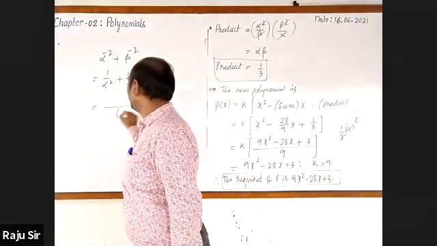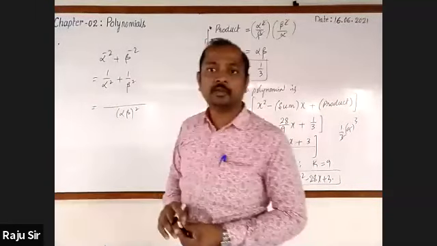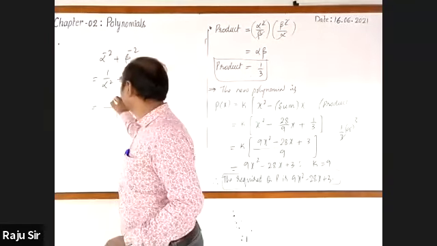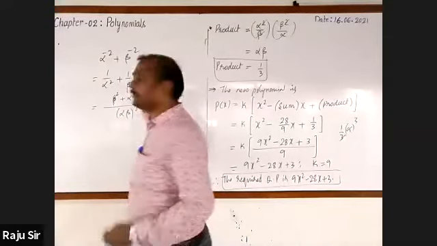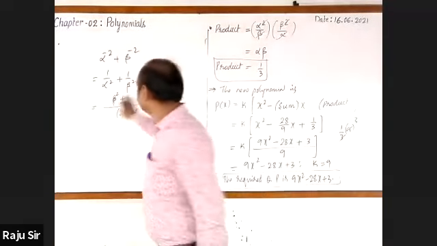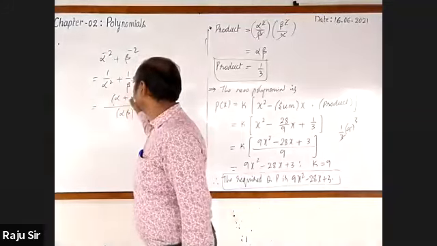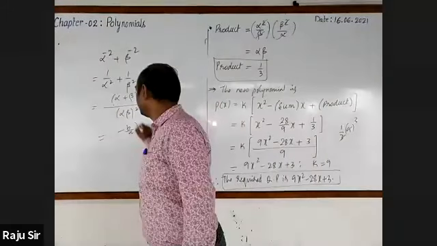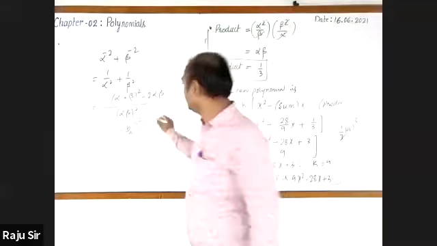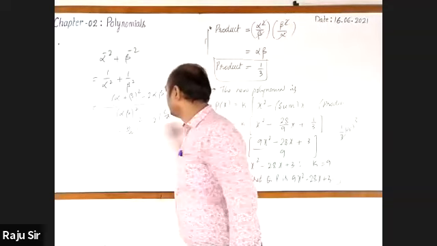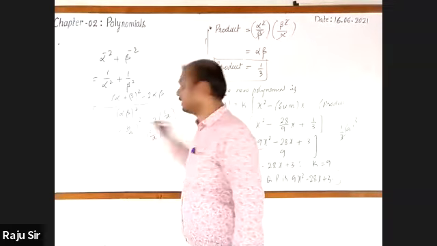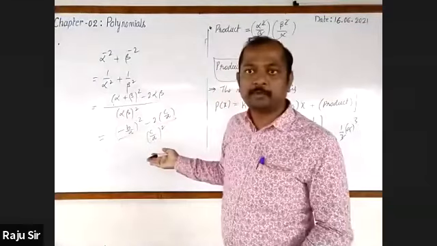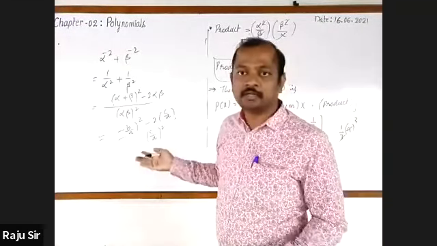It will be alpha beta whole square, and the numerator is beta square plus alpha square. Alpha square plus beta square can be written as alpha plus beta whole square minus 2 alpha beta. Then in place of alpha plus beta, write minus b by a, whole square. Alpha into beta is c by a, divided by c by a whole square. Then you can go for simplifying. Got it, Gautami? Yes, sir.